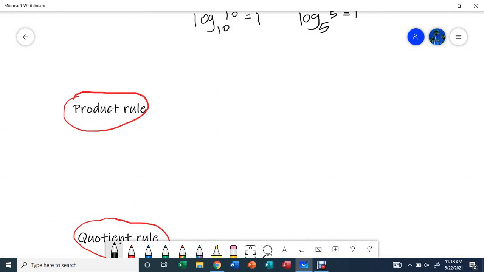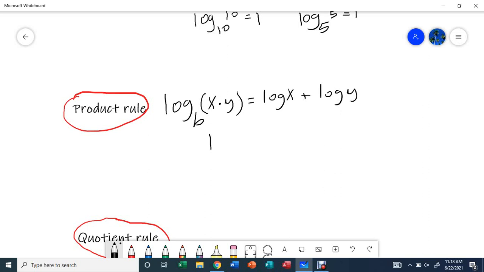Let's move on to another rule, which is the product rule. We have log base b of x times y. It's log of x plus log of y. Let's do an example. What's natural log of 2 times 5, for example?